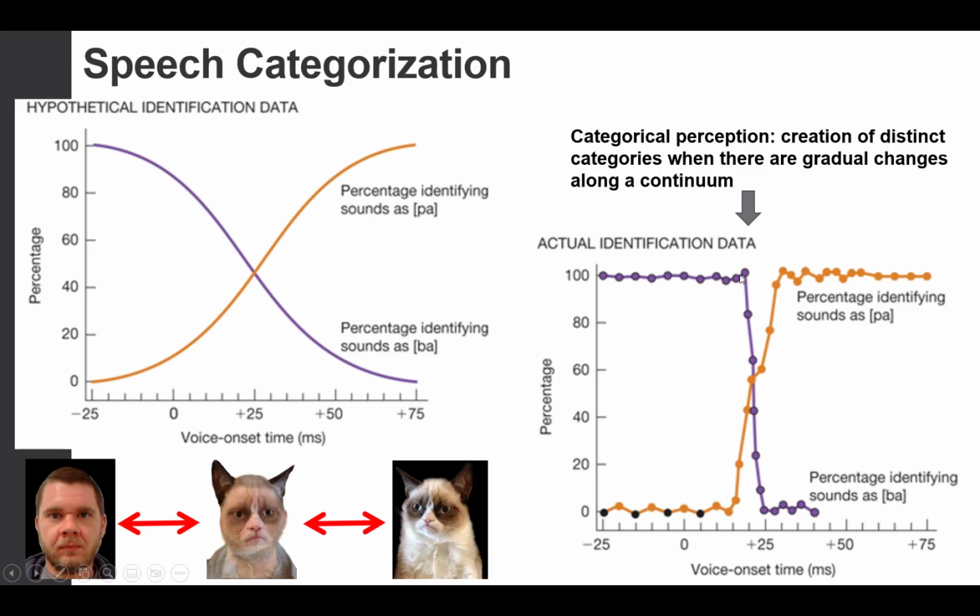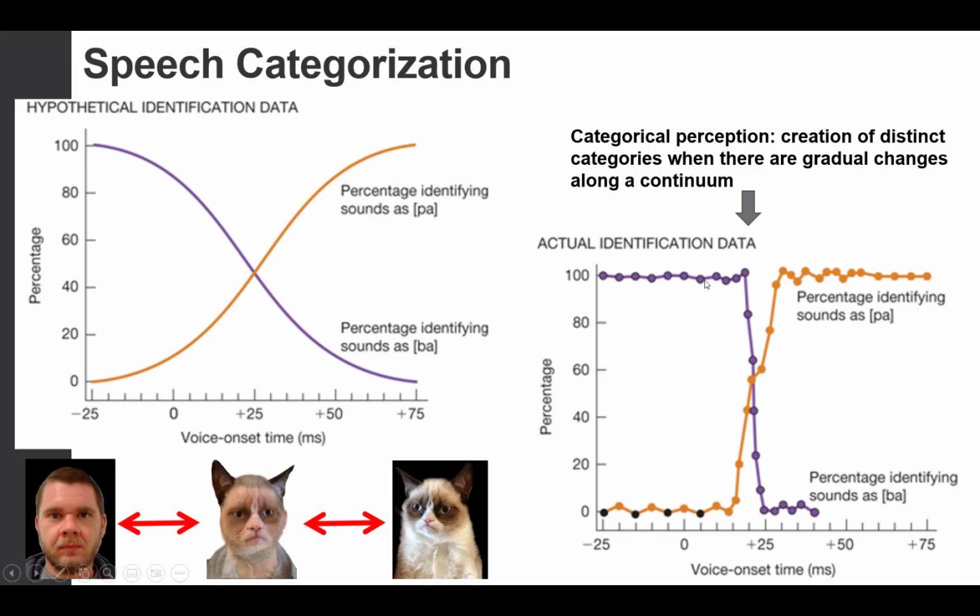This box-like shape where we get these sudden transitions, where 100% of the time people say that it's ba, and then over a relatively short degree of voice onset times they suddenly start saying that it's a pa, is something called categorical perception. And categorical perception is just a creation of distinct categories when typically there should be gradual changes along a continuum.